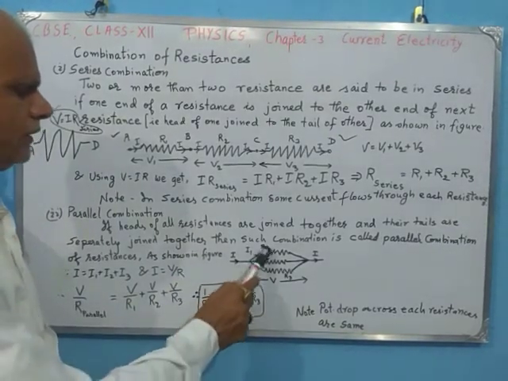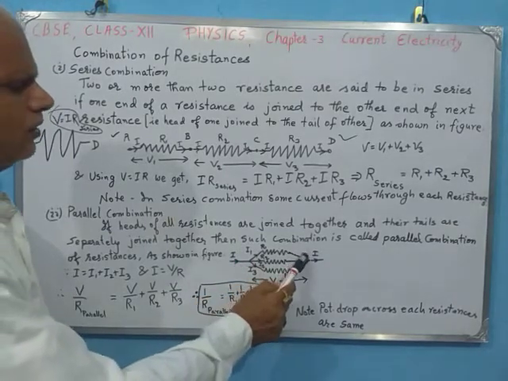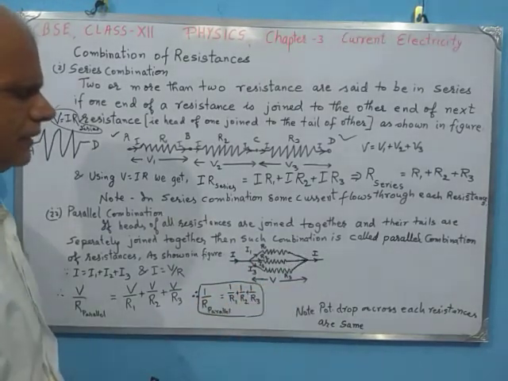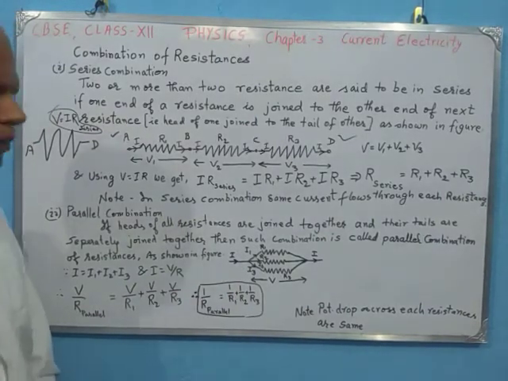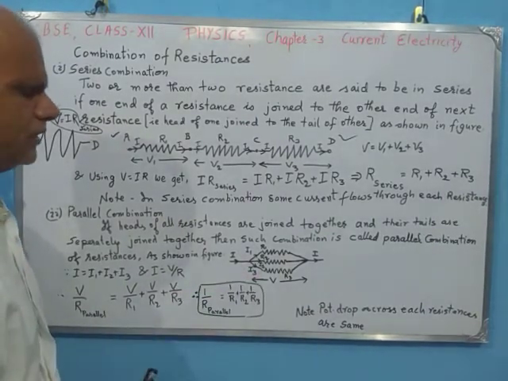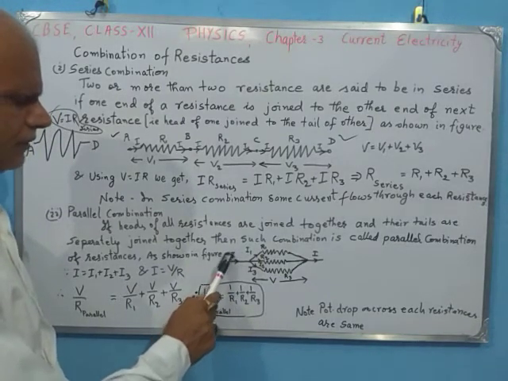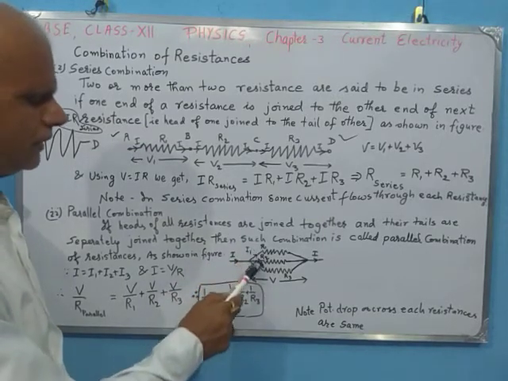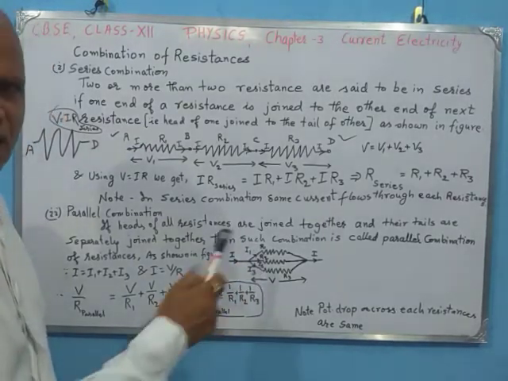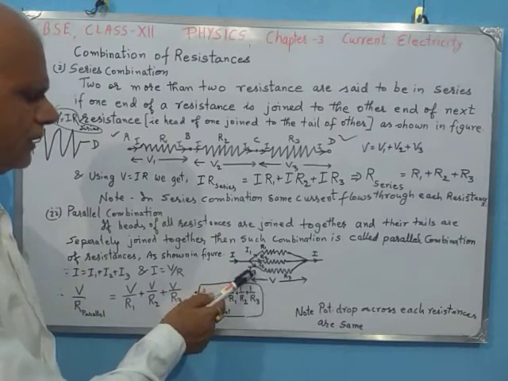In this case, all the heads are connected at one end and all the tails are connected at another end. If some current I is allowed to pass through the parallel combination of the resistances, this current I entering the combination will be distributed in the three arms of the resistances R1, R2 and R3, and we call it I1, I2 and I3.